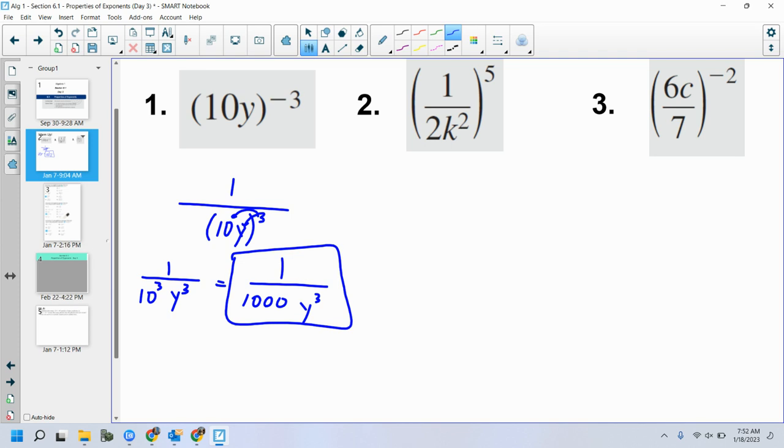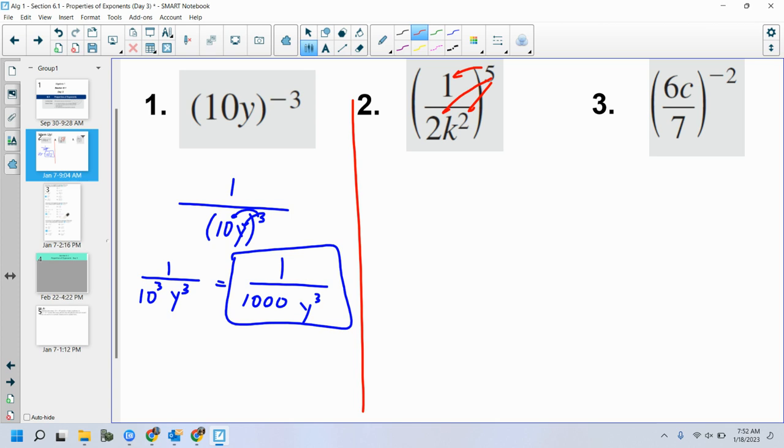All right, let's take a look at the next one here. Now, there's no negative exponents acting here, so I don't need to worry about that, but I do need to bring in the 5. And that 5 does the exact same thing to my quotient as it does to my product at number 1.